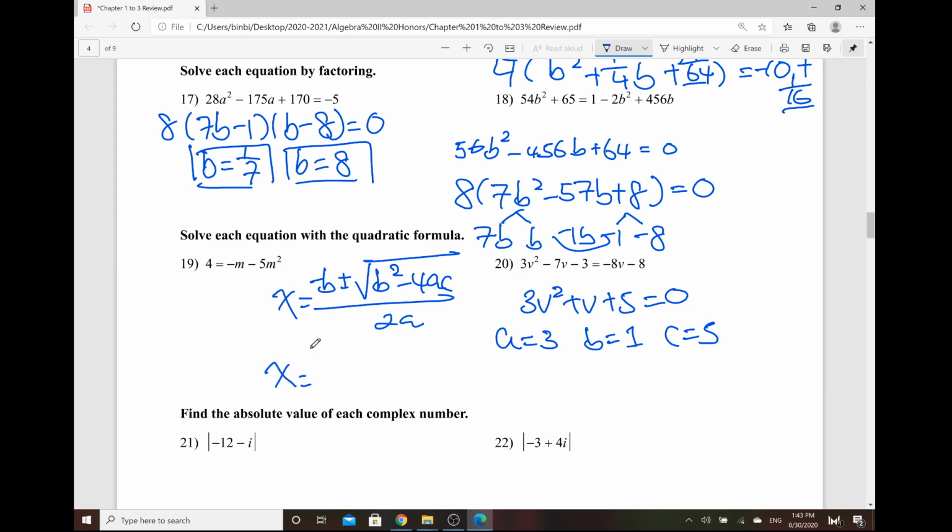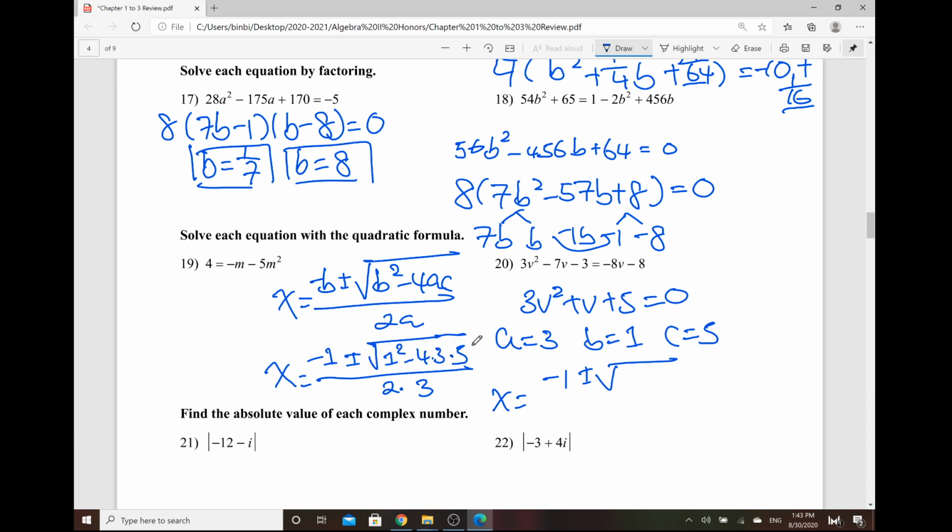So negative b, negative 1, plus or minus b squared, so 1 squared, minus 4ac, minus 4 times 3 times 5, and then it's all over 2a, so 2 times 3. Evaluate it using PEMDAS. So we got negative 1 plus or minus 1 minus 4 times 3 times 5.